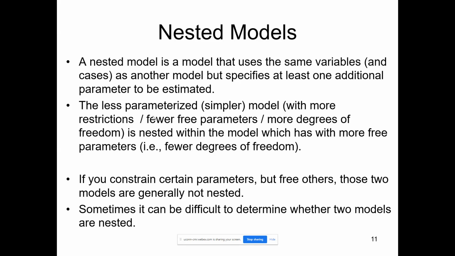So there are two models: one is a simpler model and one is a more complex model. The simpler model is the one that has fewer parameters, and because there are fewer parameters, it has more degrees of freedom.